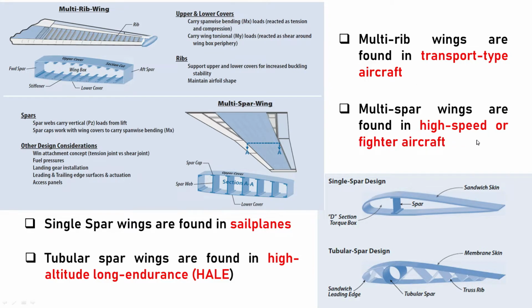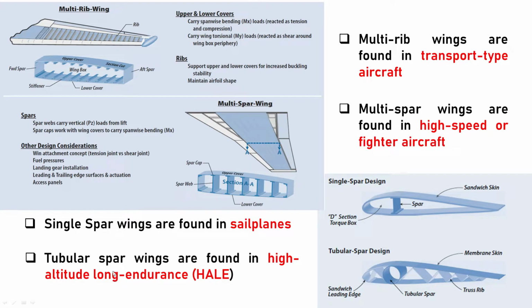Multi-spar is used for high speed or fighter aircraft. Instead of fighter they can also ask you about supersonic aircraft, supersonic passenger aircraft, which also come under multi-spar wing. Then single spar. A single spar wing is configured for a sailplane.